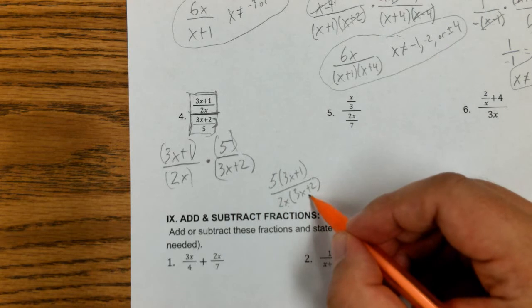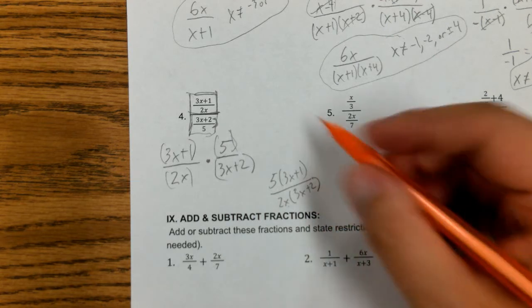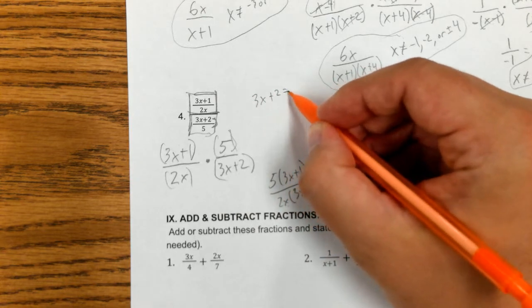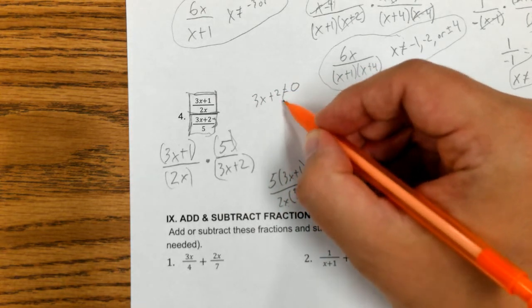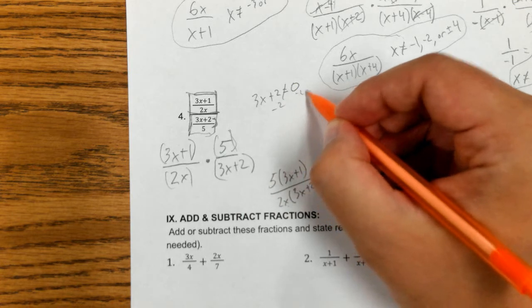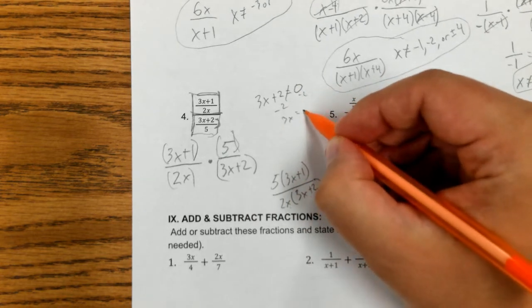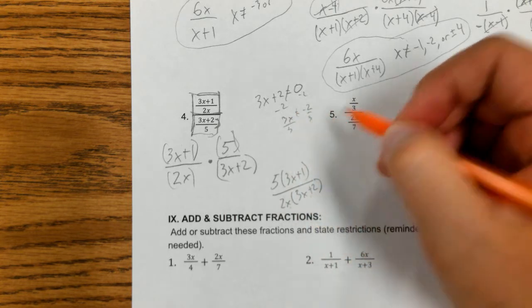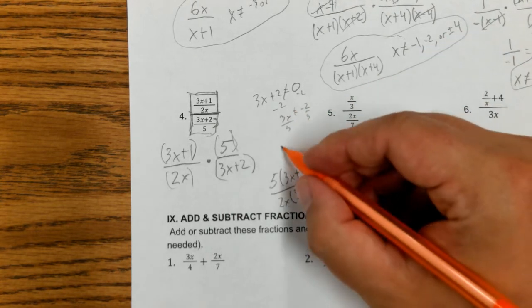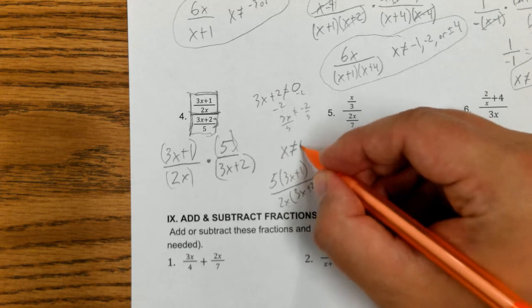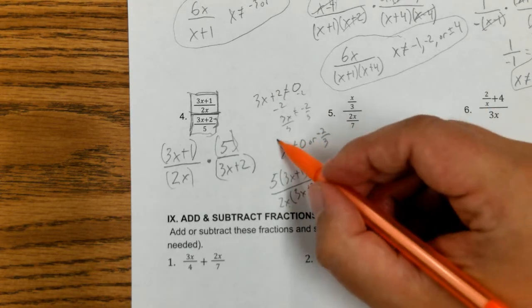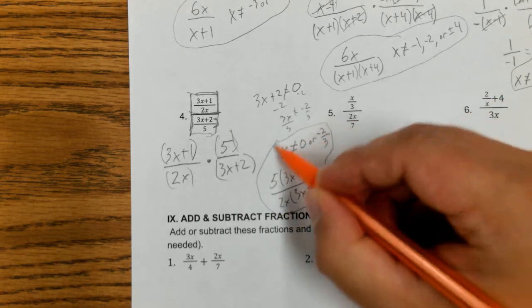But for this one, if you can't do it in your head, maybe do a little bit of work off to the side and say 3x plus 2, we've got to set that equal to 0, because it can't equal 0, so subtract 2 on both sides, and then divide by 3, and you should get x cannot equal negative 2/3. So our restrictions would be x cannot equal 0 or negative 2/3. And that is it.